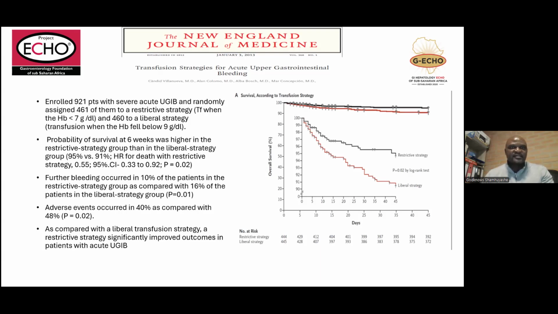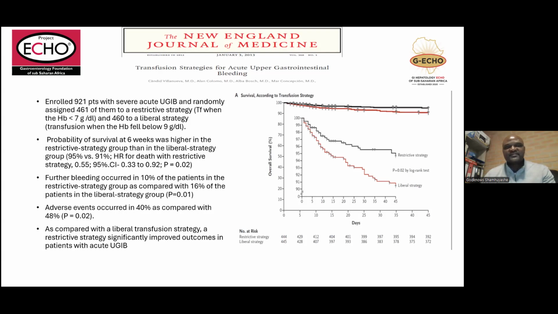Some were assigned to the restrictive strategy and others to the liberal strategy. The probability of survival at 6 weeks was higher in the restrictive strategy group than the liberal strategy. Also, those who received restrictive strategy blood transfusion had a lower risk of further bleeding as compared to the liberal group.